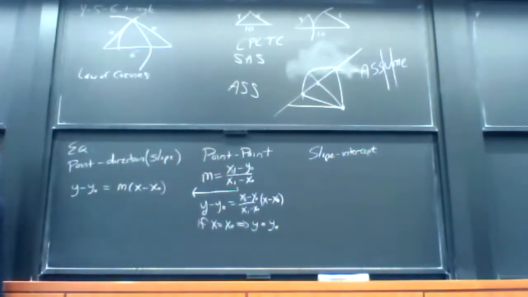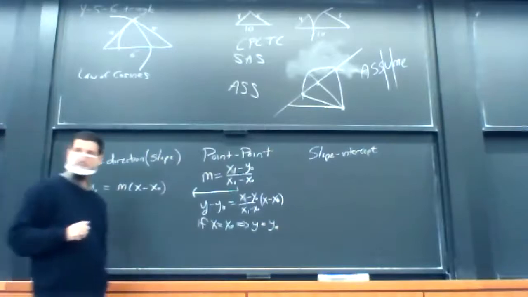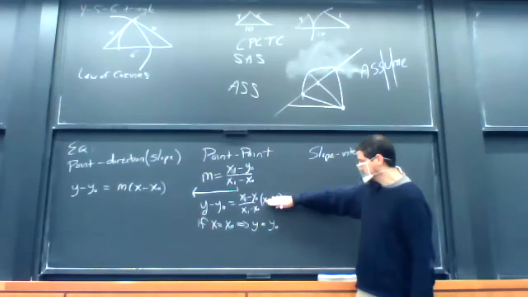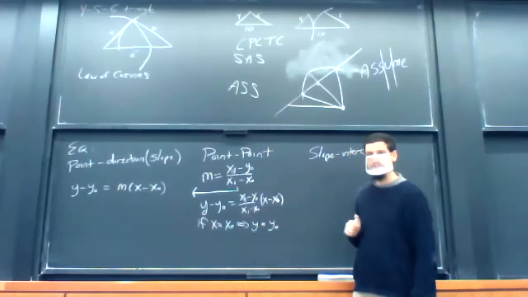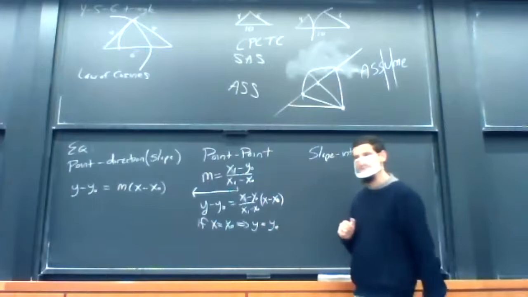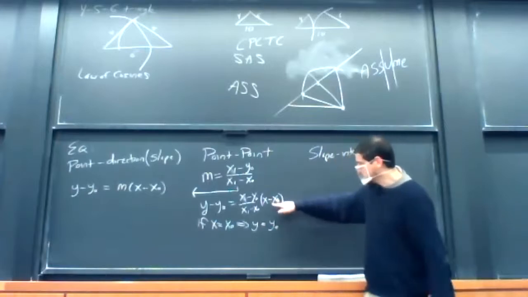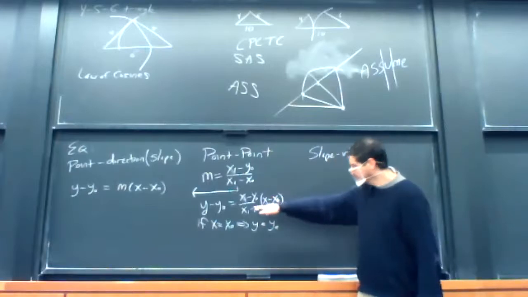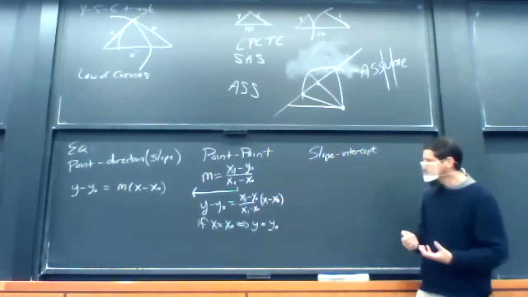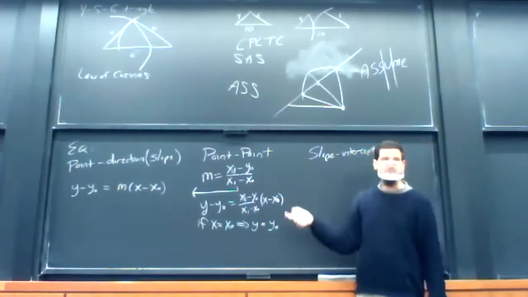What's another good point to take for x? So one was if I take x to be x naught, this whole expression is 0. There's one other good choice for x. x1, because if I take x1, I have x1 minus x naught over x1 minus x naught. It's going to cancel.